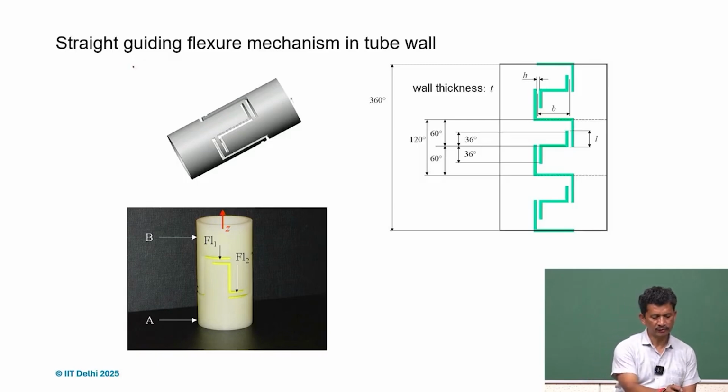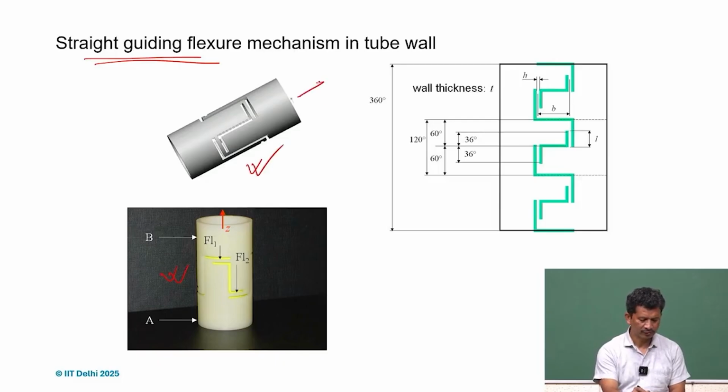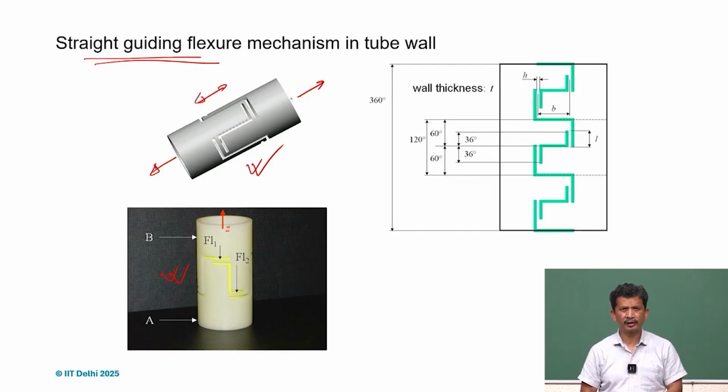Similarly, we can take the tube and create a straight guiding flexure mechanism, as is evident from here and from here as well. So we can pull the ends, and there will be displacement in this direction, but it cannot bend. So it's a straight guiding mechanism. If you really want to see, it's like a sheet flexure that tries to flex.